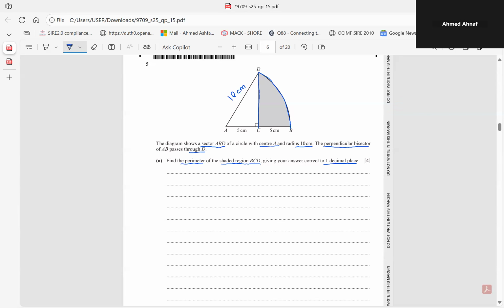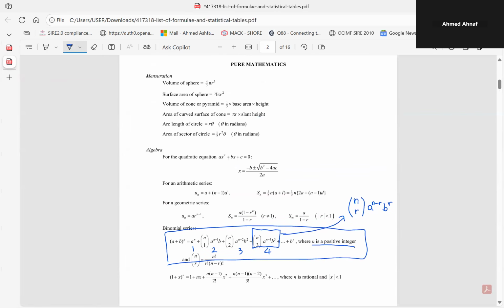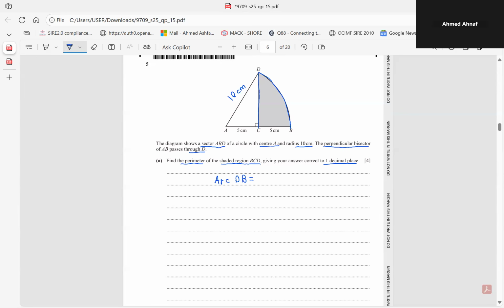So to do this, refer to your MF19, and we're going to have to use this formula, s equals r theta. So arc DB would just be equal to r theta.